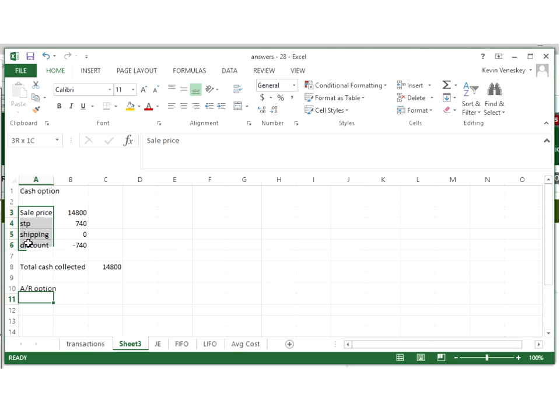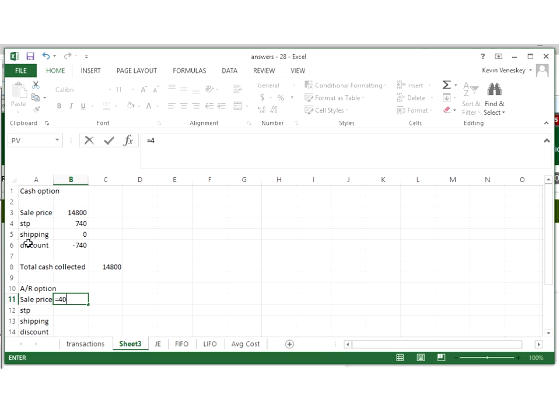Now the AR option, these 4 things will be the same. I'll keep them here. Sale price, $400, and Amy bought 5 of them on account. I'm going to want to take the sale price times 0.05 to get my sales tax. Because even though I give them a discount, basically the same as the sales tax, I still owe the government sales tax.